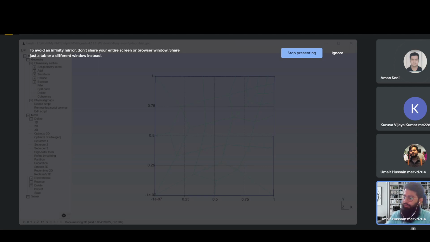If I want to reduce it even further, I change it in the geo file and reload the script, then mesh it again. I didn't add the plane surface here.